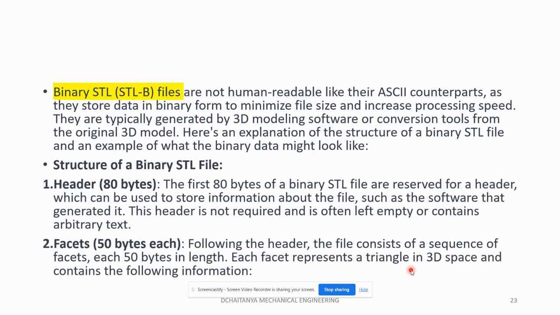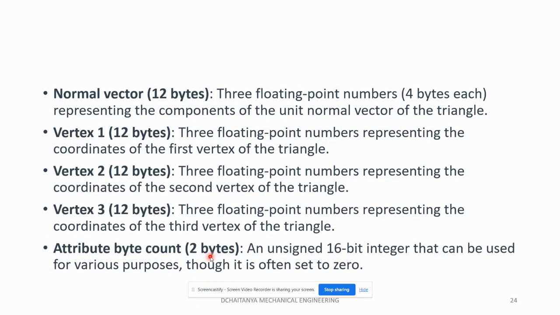You can see the structure. The header is saved in 80 bytes, and the facets take 50 bytes in length. You have to know the steps involved in saving in the binary format compared to the ASCII format.